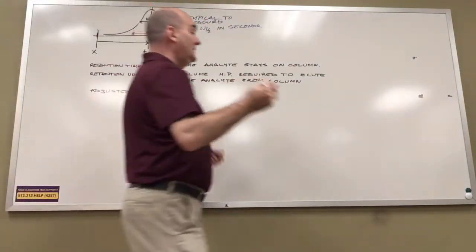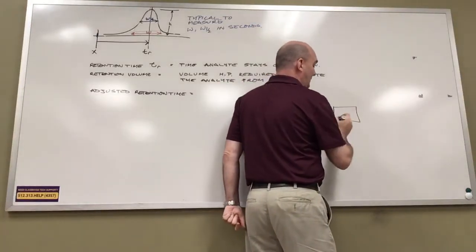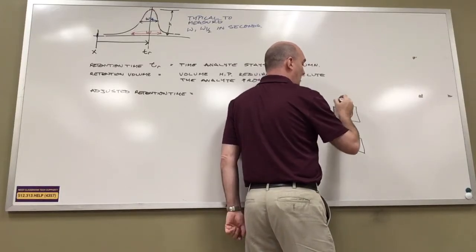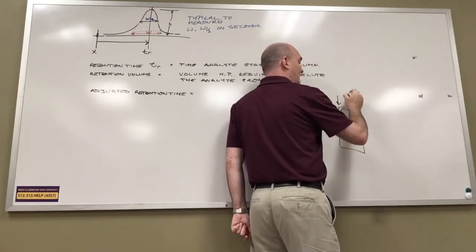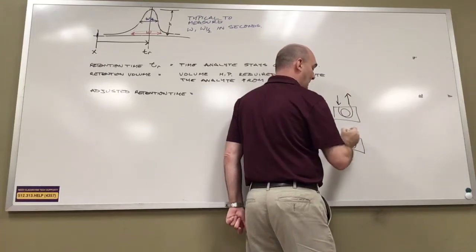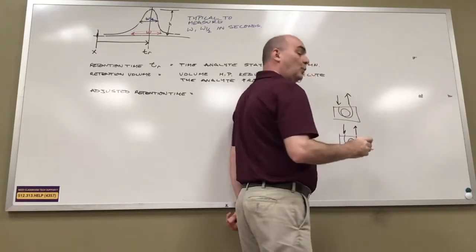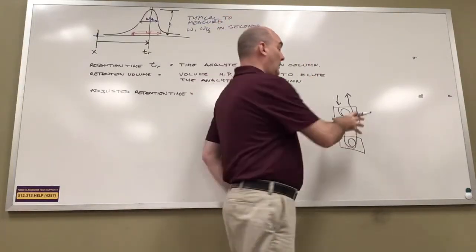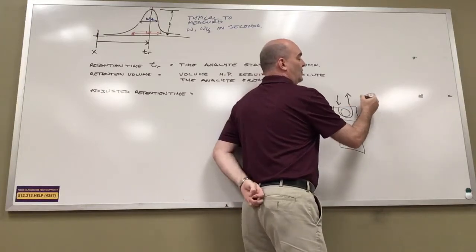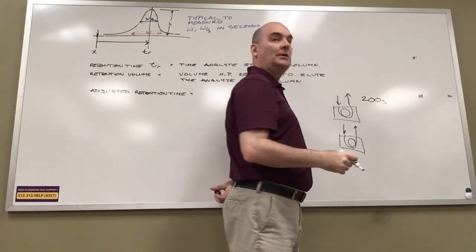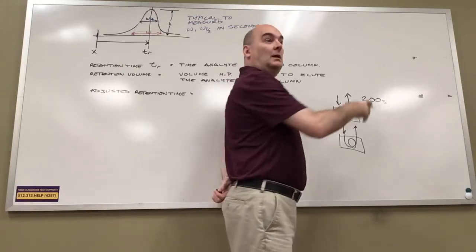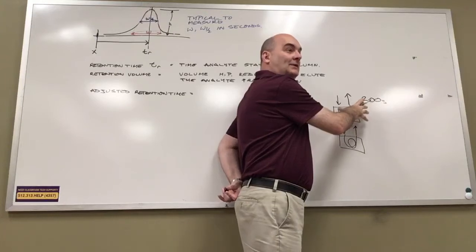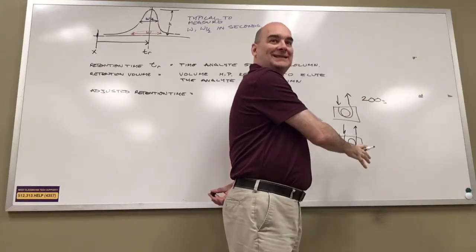Yesterday we had 3 GCs out, and all a GC is an oven with a coil in it. You put the sample in at one end and it comes out at the other. What if the analyte that we were looking at on this instrument took 200 seconds to elute? That was its retention time. Could we feasibly expect that moving over to the other instrument would give us exactly the same time?